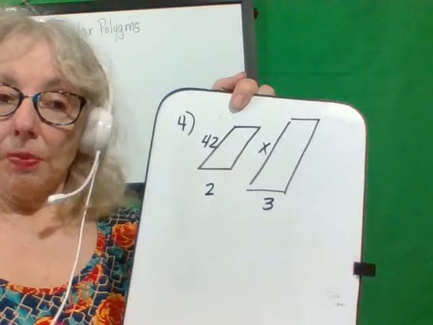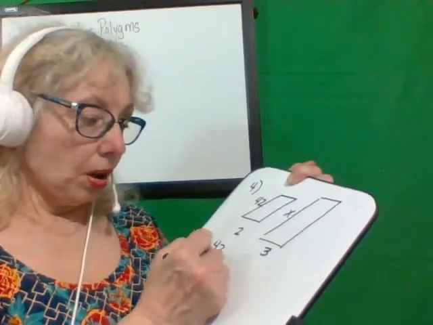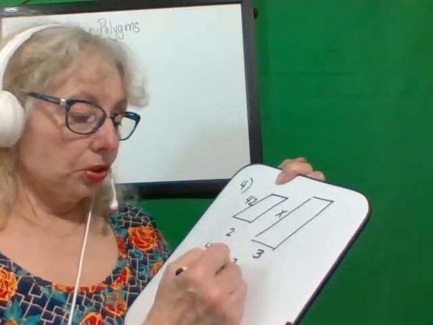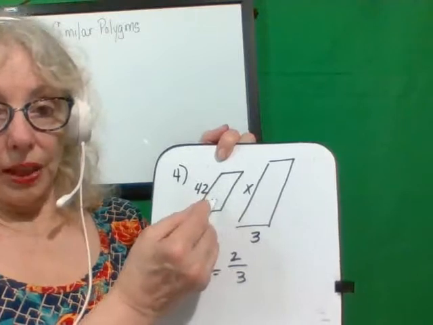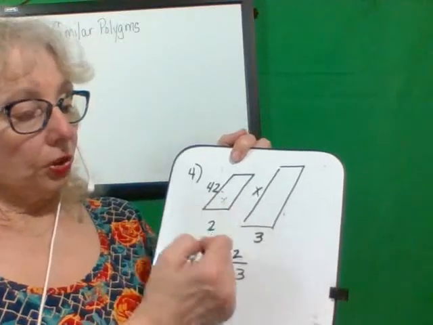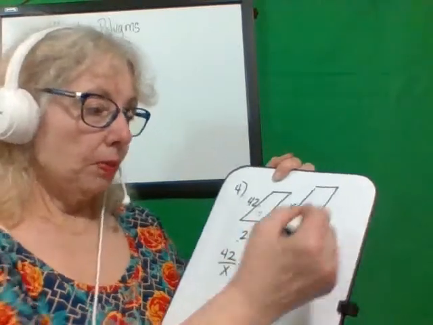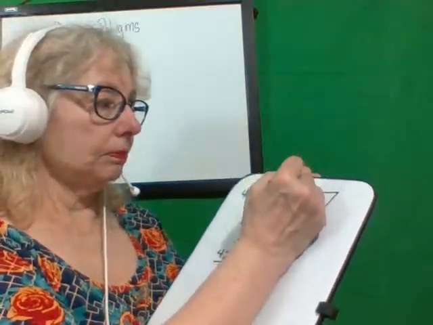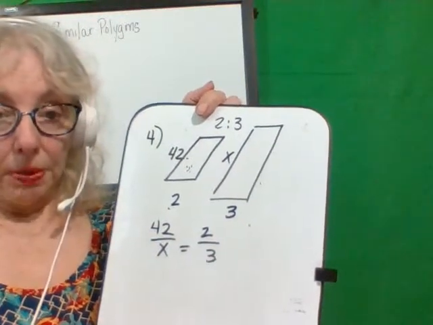So, to solve my equation, I'm going to do 42 over X is equal to 2 over 3. Notice that this is the smaller triangle, and I'm going from smaller to larger. So my 2 goes on top, and we talked about that also, because when it says 2 to 3, remember, what comes first goes on top.